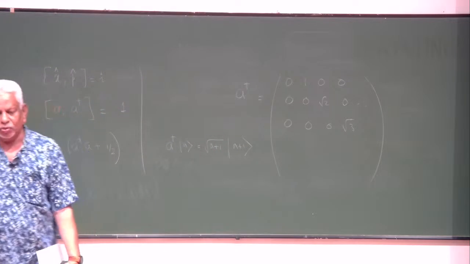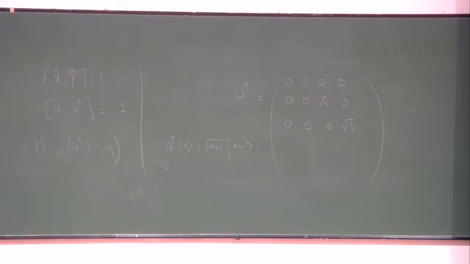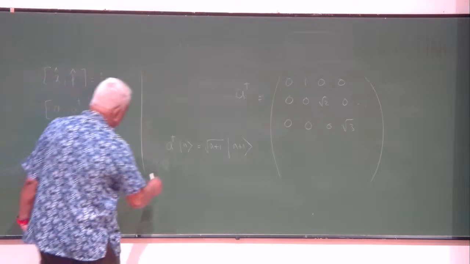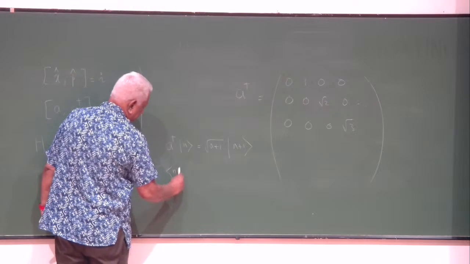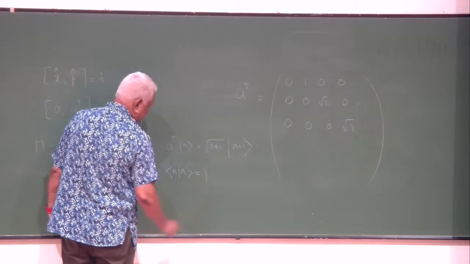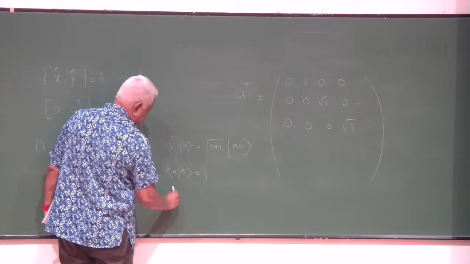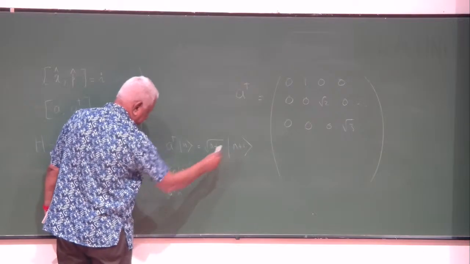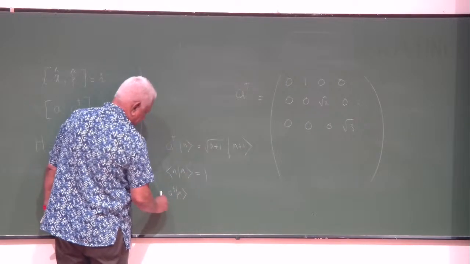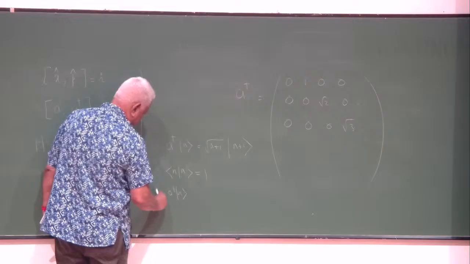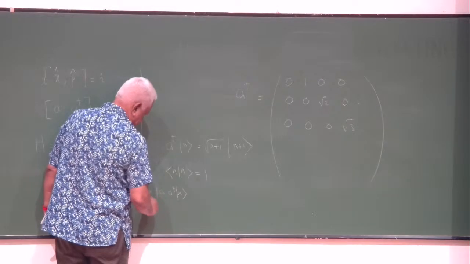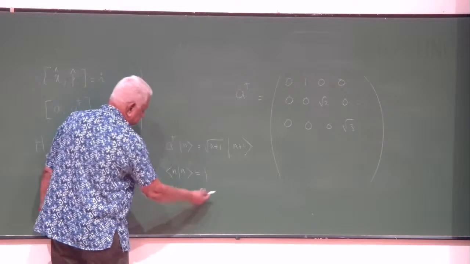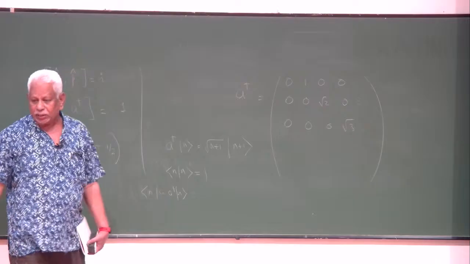Why is it so? Your state n may be normalized. Taking A dagger n, and then the complex conjugate of that, if I do this, the result is some n plus 1.